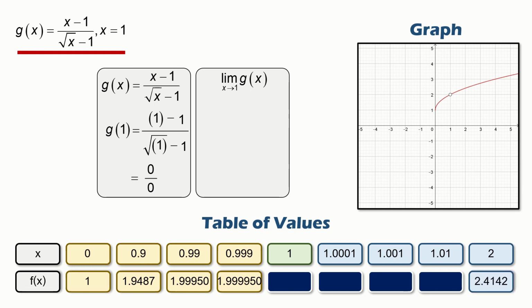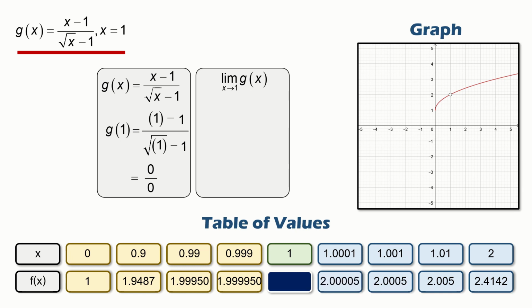On the right side, when x is 2, the function is 2.4142. When x is 1.01, the function is 2.005. When x is 1.001, the function is 2.0005. And lastly, when x is 1.0001, the function is 2.00005.